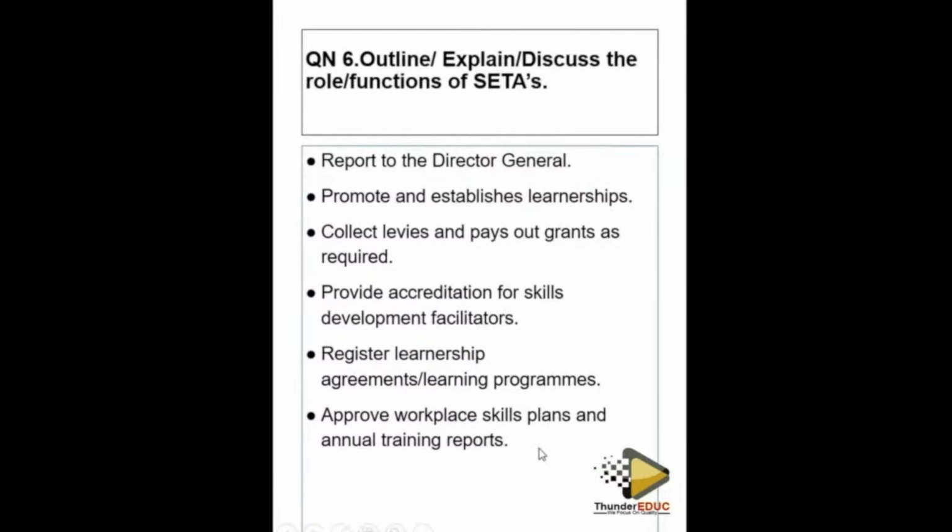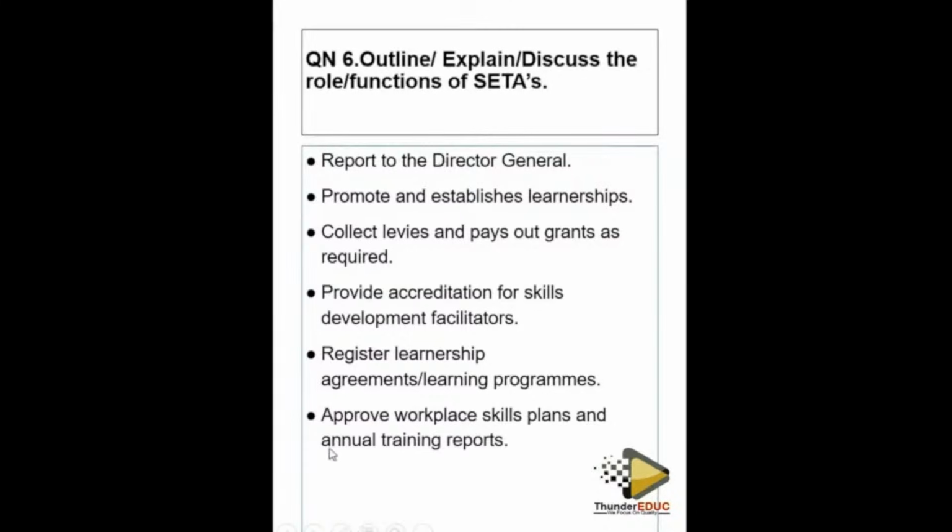So now, after that, if SETA sees that the skills that the businesses have submitted are really worth taking, then they will approve, and then they will issue out. They will do what? Then they will establish learnerships and then promote them. So now remember, we also said that SETA is the one that monitors the implementation of the Skills Development Act. So if SETA is the one that monitors the implementation of this act, it means that it also has to give a report. If you still remember the first one, we said that SETA reports to the Director General.